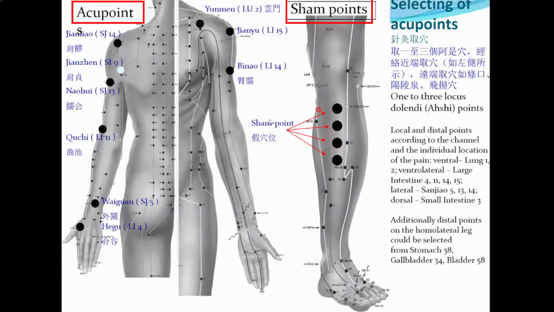The sham acupuncture was mainly in the leg area, which is not on the meridians or points. But the acupuncture treatment also used distal points as well. They mentioned Stomach 38, Gallbladder 34, and Bladder 58.